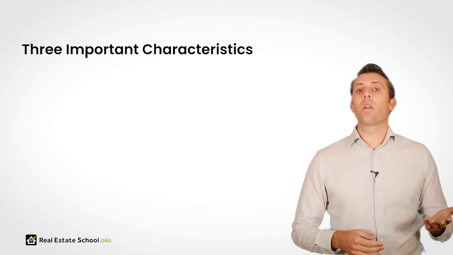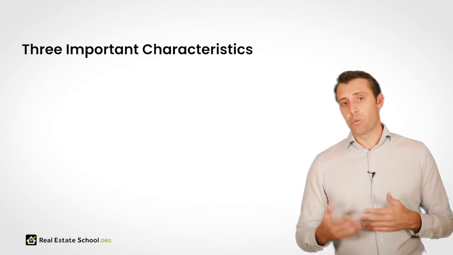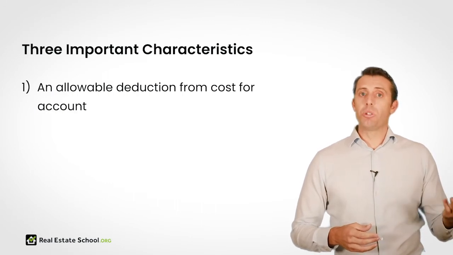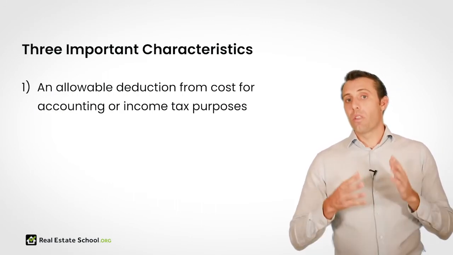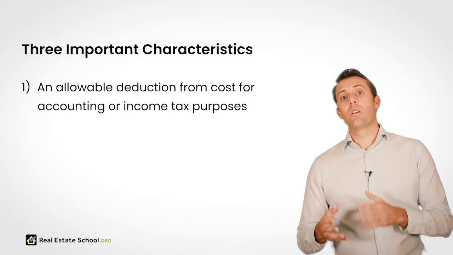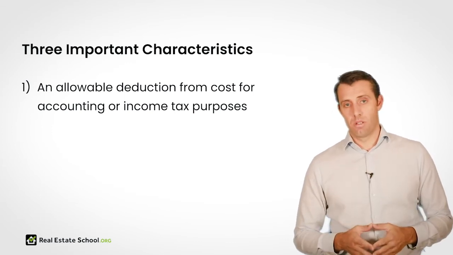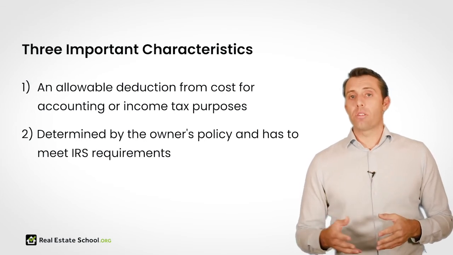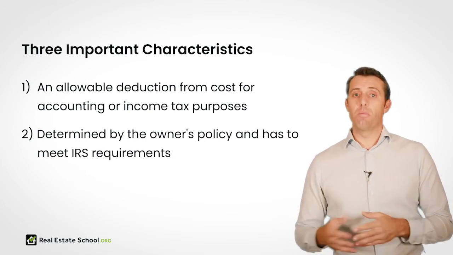There are three important characteristics of book depreciation. One, it is an allowable deduction from the cost for accounting for income tax purposes. Two, it's determined by the owner's policy, which has to meet IRS requirements.